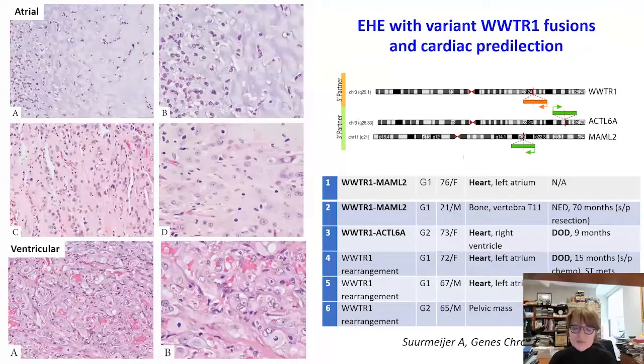And here are some microscopic images to show the overlap with a more conventional epithelioid hemangioendothelioma. These particular patients that have this rare alternative variant had an aggressive clinical outcome.